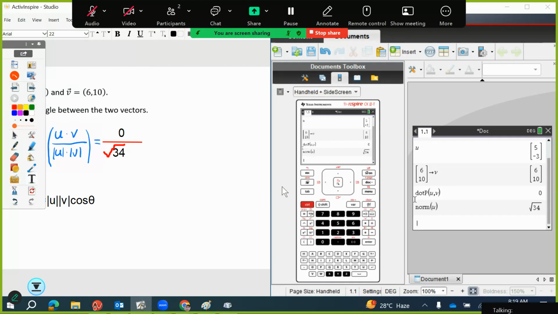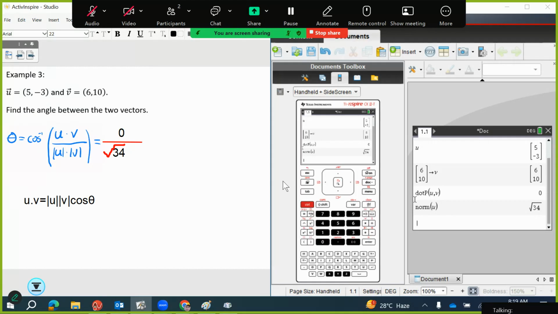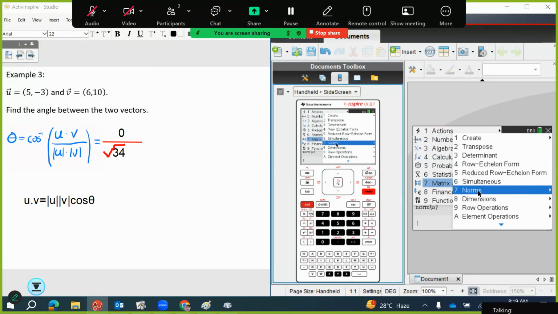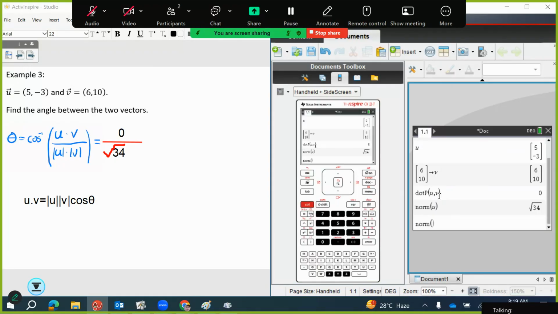Nice. Okay, have fun. What is the magnitude of v? Use your calculator to help you find it. Root 136. So menu, vectors, norms, norm. What is it we're putting in? U and v. 2 root 34.